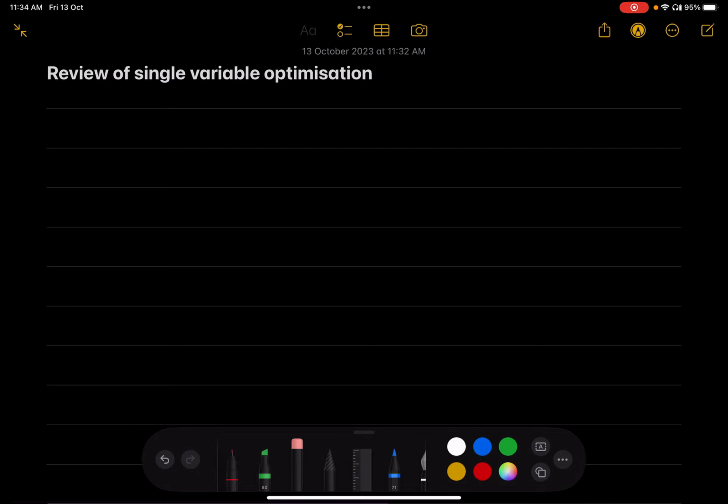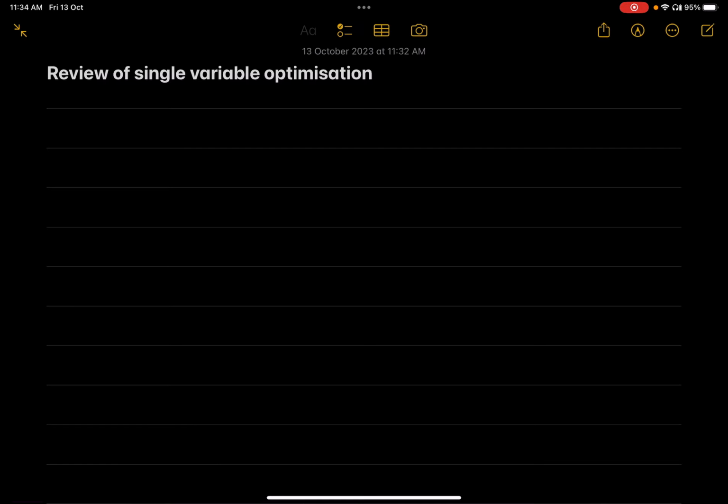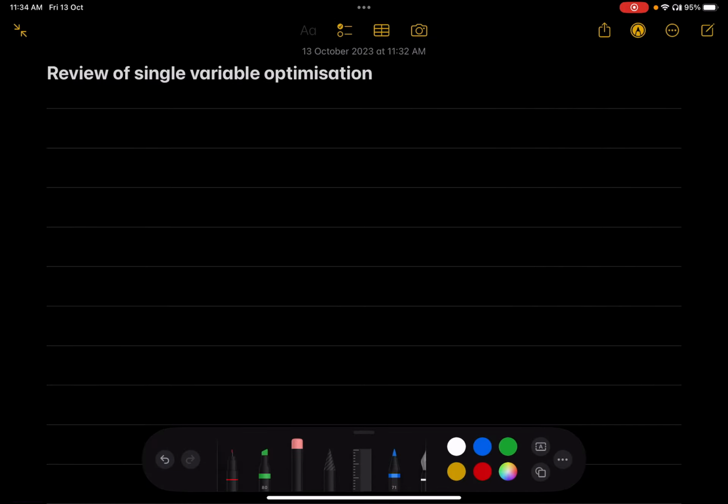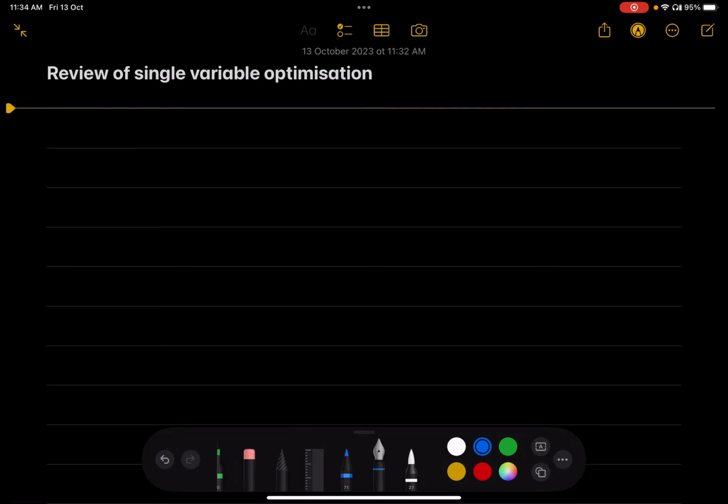We have a function. Let's first define what is a minimum of a function before we understand how to find the minimum. Let's give a definition of a minimum.